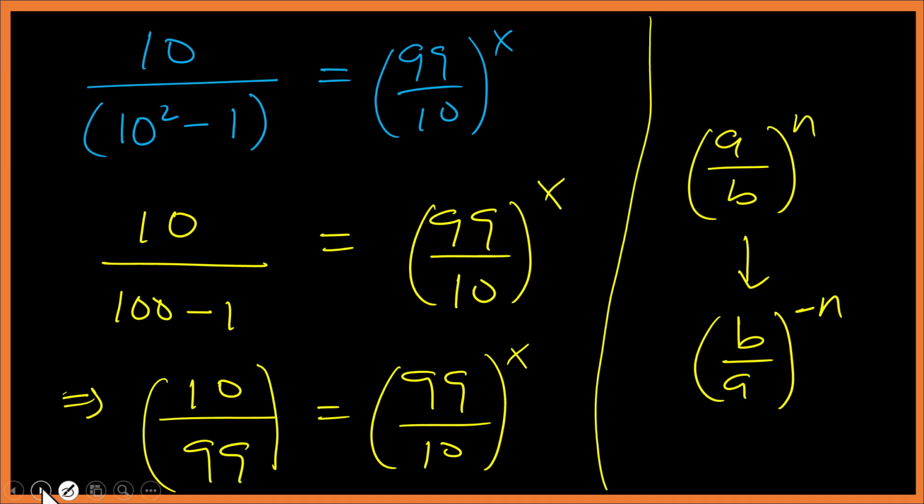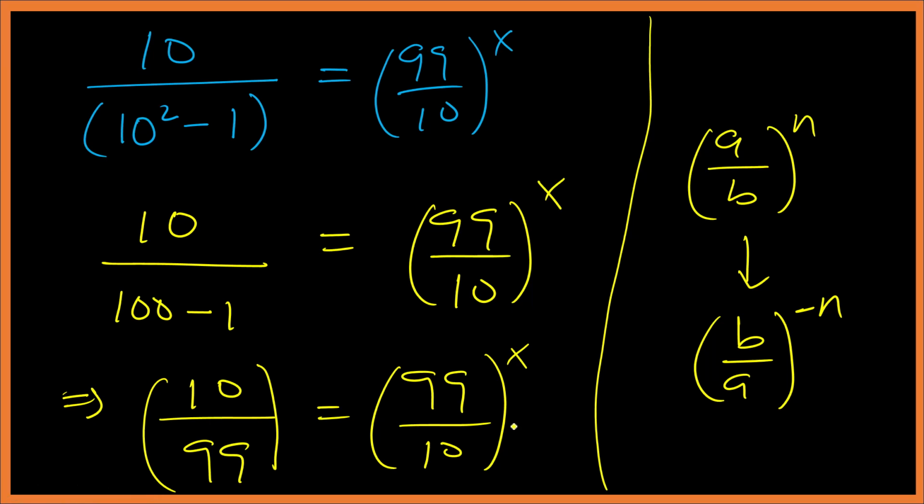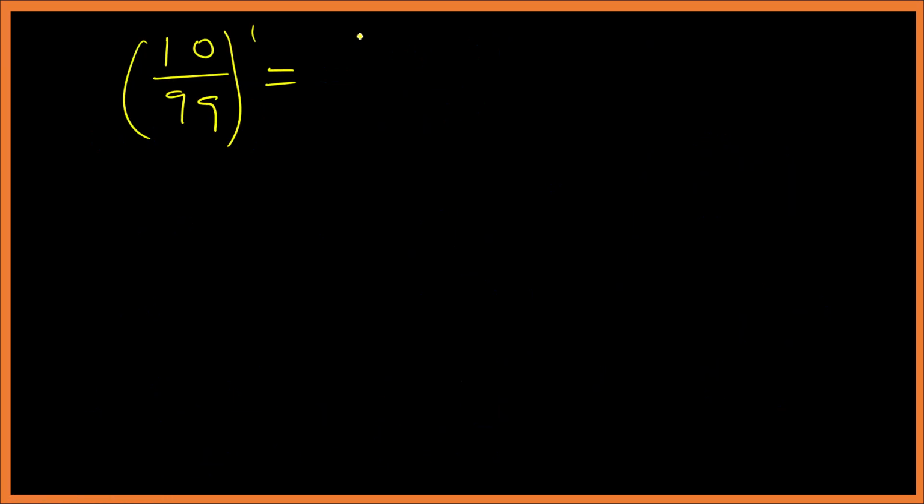So I have 10 over 99 equals, and this side is the same as the power 1. So we can make this side 10 over 99, and the power also changes to negative.